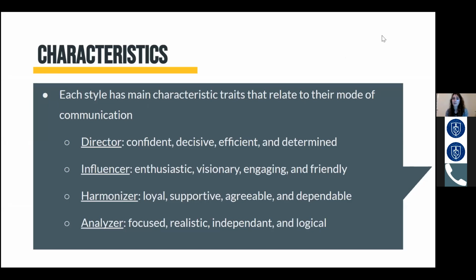A director tends to be confident, decisive, efficient, and determined. An influencer tends to be very enthusiastic, visionary, engaging, and friendly. Harmonizers tend to be loyal, supportive, agreeable, and dependable. And the analyzer is more focused, realistic, independent, and logical.